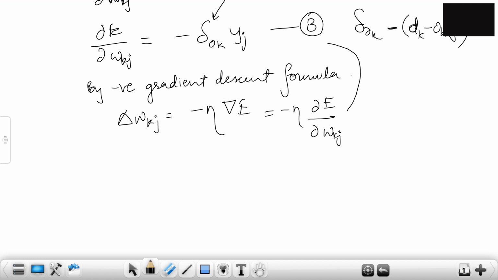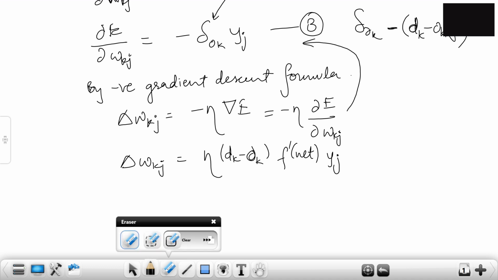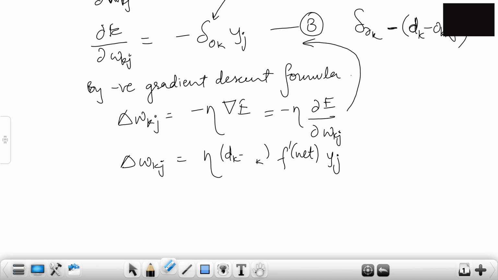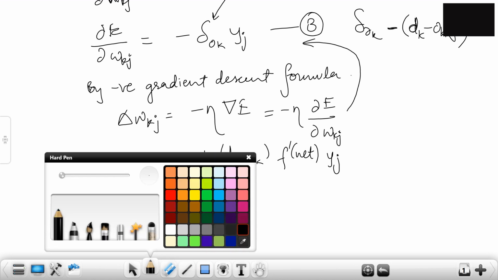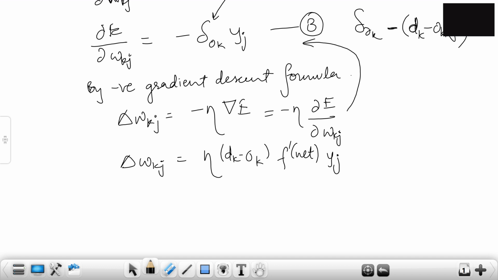We want to substitute this part over here. So we get delta w_kj equals eta (d_k minus o_k) f' of net y_j. So this is how we derive the weights of the layer between the hidden layer and the output layer.